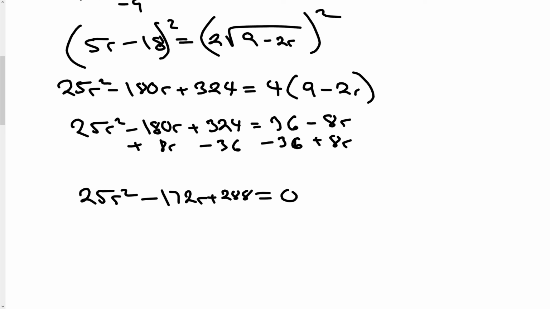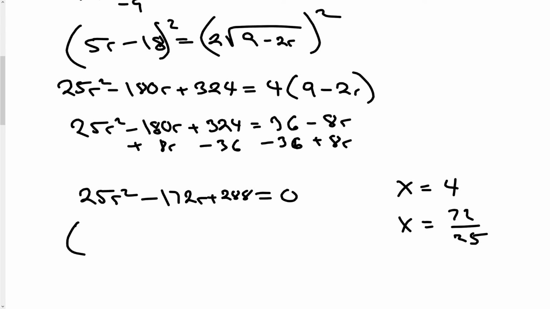Okay, I'm just going to use my calculator. And get that x is going to be equal to 4 and x is going to be equal to 72 over 25.